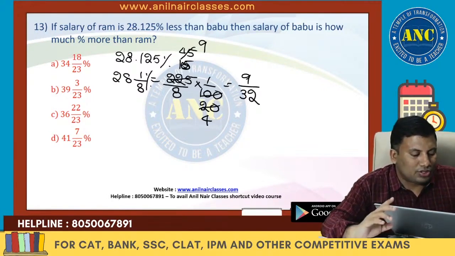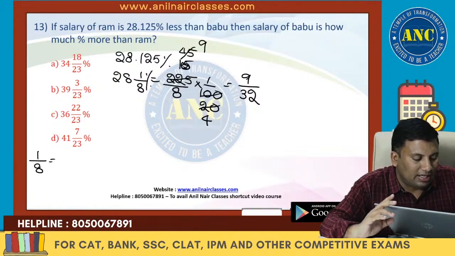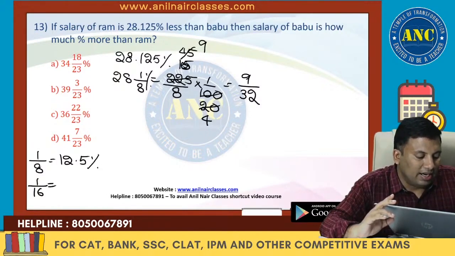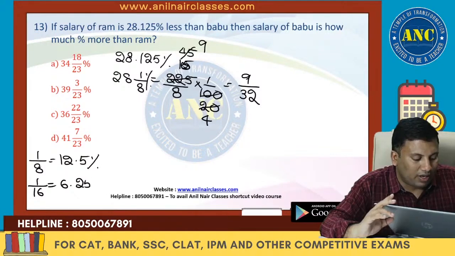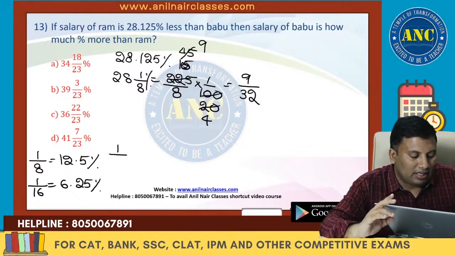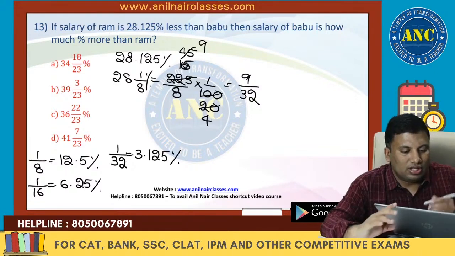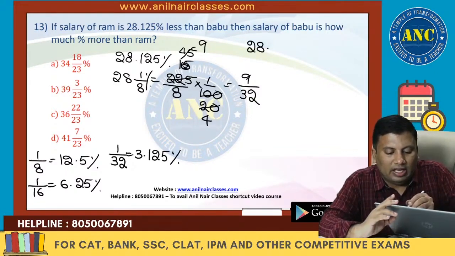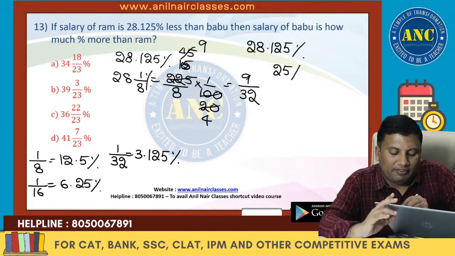Now you can also do it like this. 1 by 8 is 12.5 percentage. 1 by 16 is 6.25 percentage. 1 by 32 is 3.125 percentage. So 28.125 percentage can be written as 25 percentage plus 3.125 percentage.